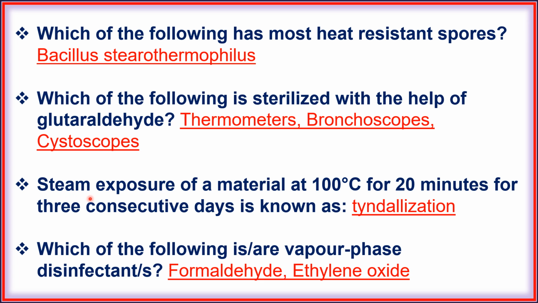Next, steam exposure of a material at 100 degrees centigrade for 20 minutes for 3 consecutive days is known as tyndallization. Next, which of the following are vapor phase disinfectants? That is formaldehyde and ethylene oxide.